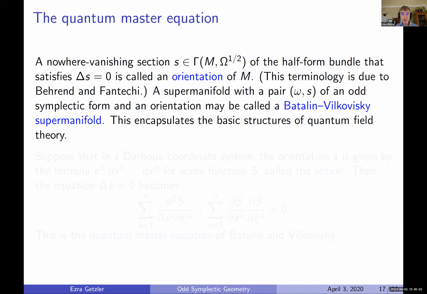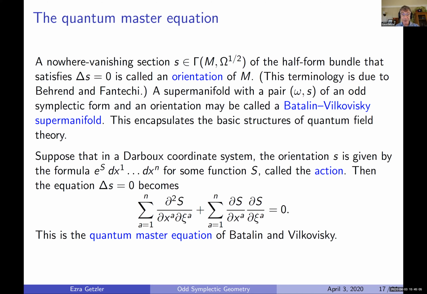So to give you a tiny taste of how that relationship works, in a Darboux coordinate system, an orientation can be written as the exponential of some function, which will be the Batalin-Vilkovisky action of the quantum field theory.